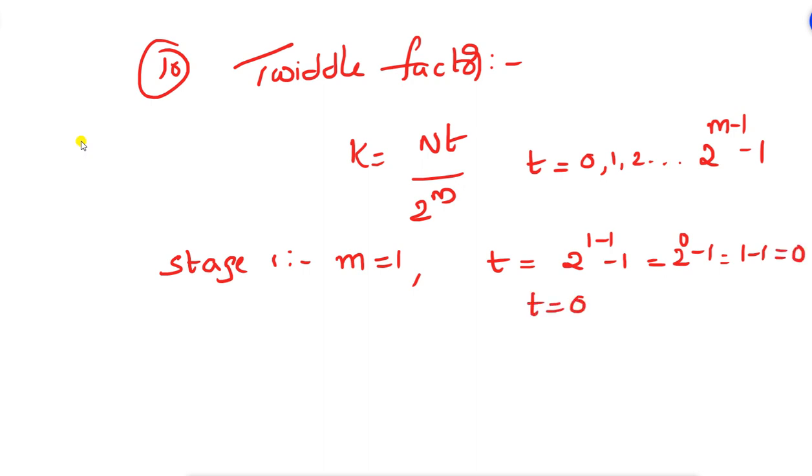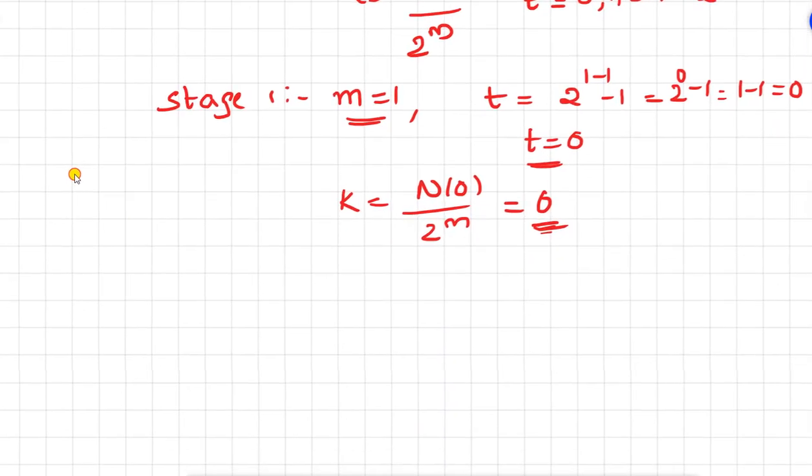If m is 1, t is 0, what about k? K is N into 0, over 2 to the power of m. So obviously the value of k is 0. In stage 1, m value is 1, t value is 0, and the k value is also 0. Now we will see stage 2.